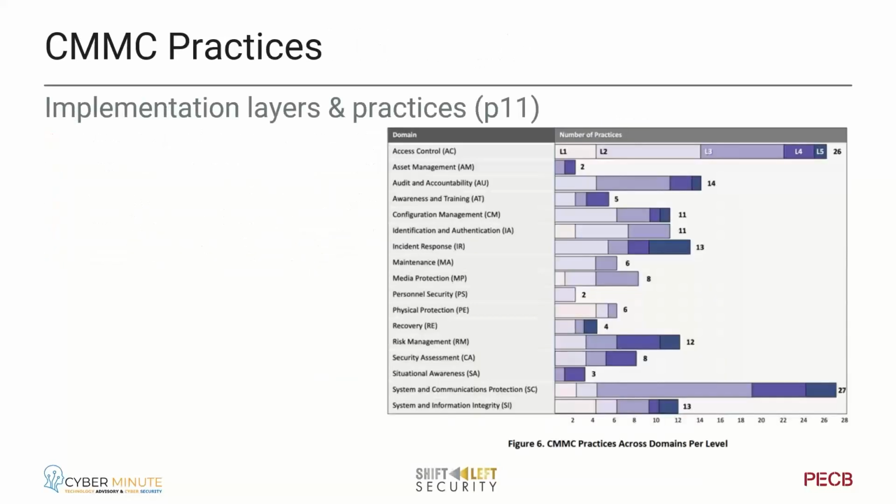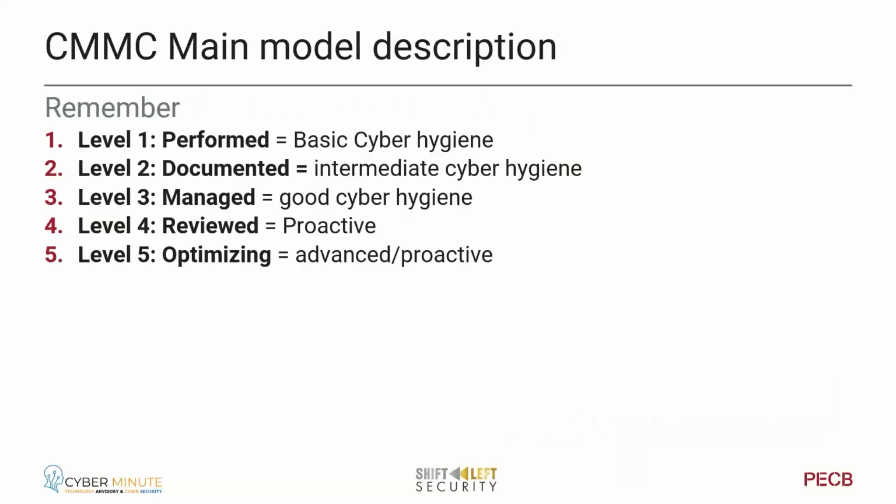Okay, so let me go back, if I can go back 1 slide. Okay, thanks. So this is the overview of the levels, and what is very important, to be at a certain level, you need to have succeeded the previous levels.